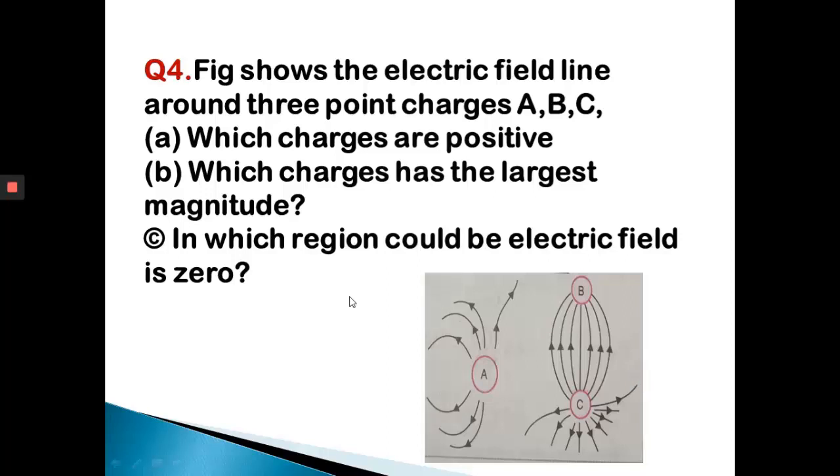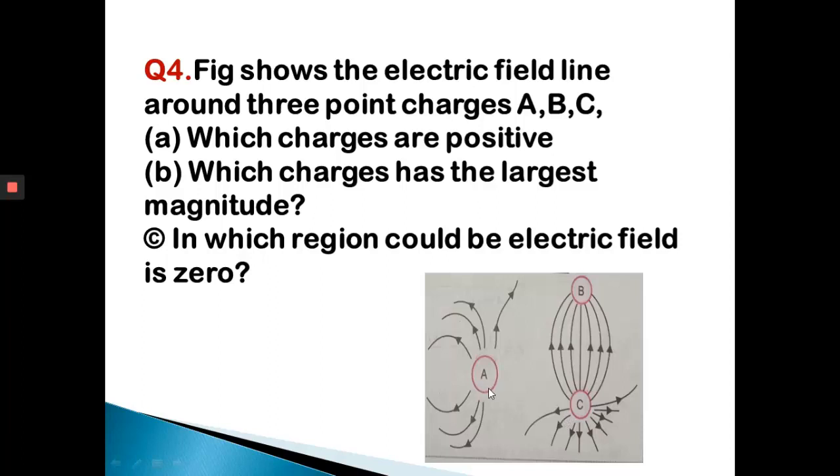In which region could electric field be 0? Electric field will be 0 between the like charges. Since A is positive and B is negative, between A and B it is not possible. Since B is negative and C is positive, between B and C also, electric field 0 region is not possible.